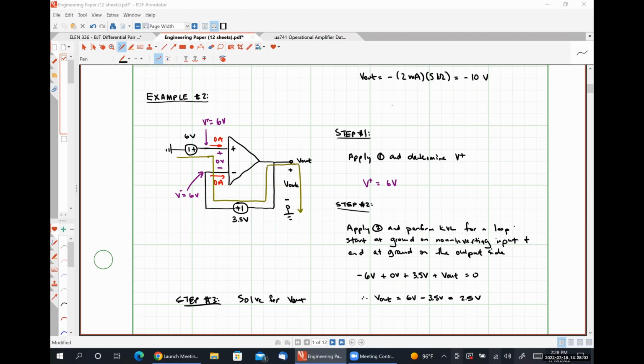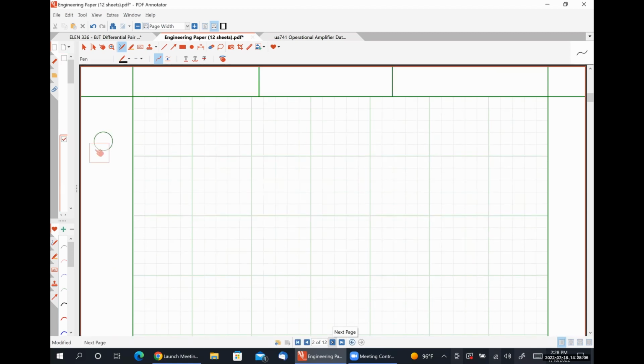All right. Let's look at another example problem. So let's see, how am I going to choose to draw this one?